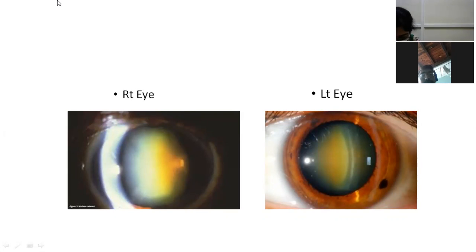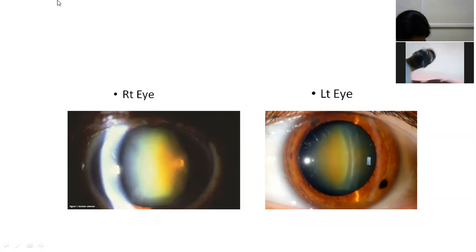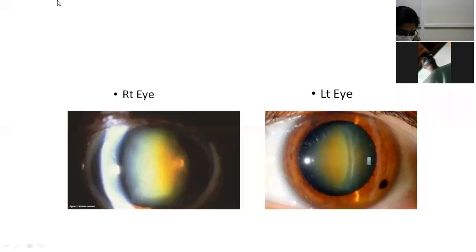Okay. What else would you like to investigate the patient for? What other investigations to do? Light perception. Okay, see, Narendra, you will be placing an IOL inside the eye, right?